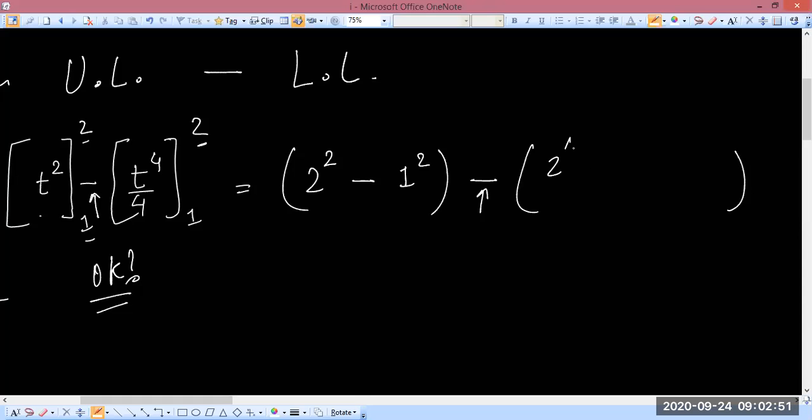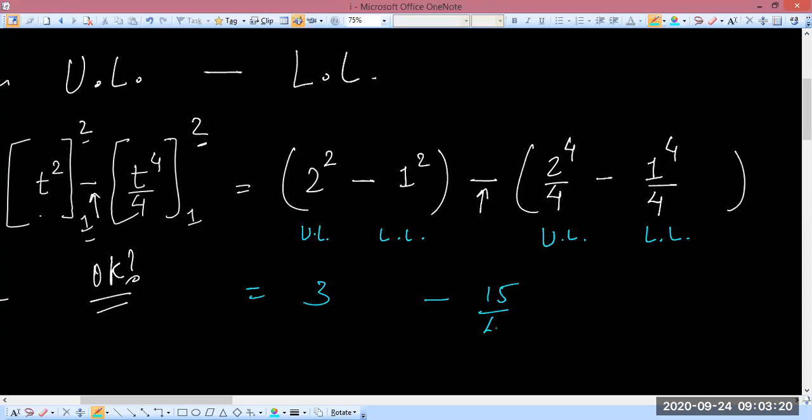So 2 raised to 4 by 4 minus 1 raised to 4 by 4. This is for upper limit, this is for lower limit. So this is now going to be 4 minus 1, 3 minus. And here, this is going to be 15 by 4.